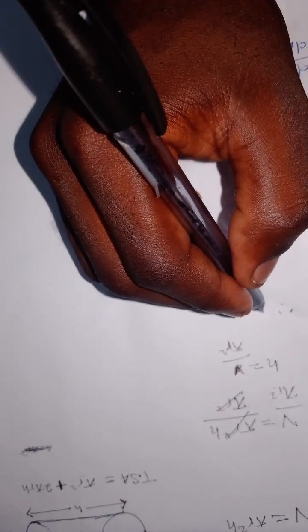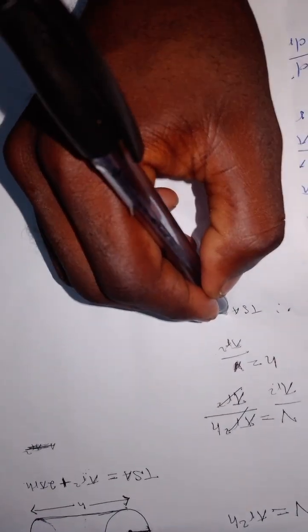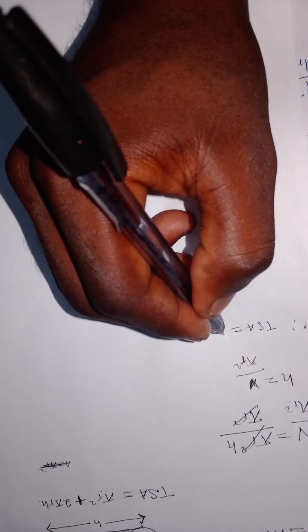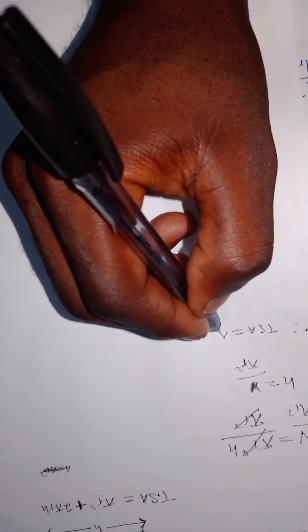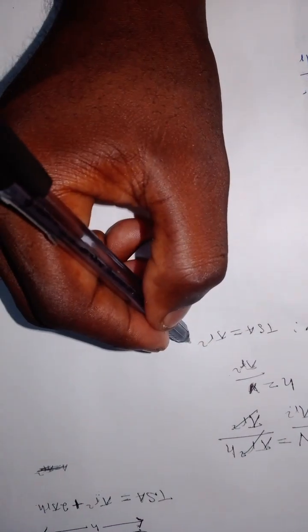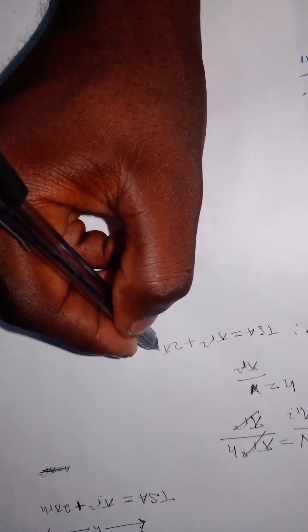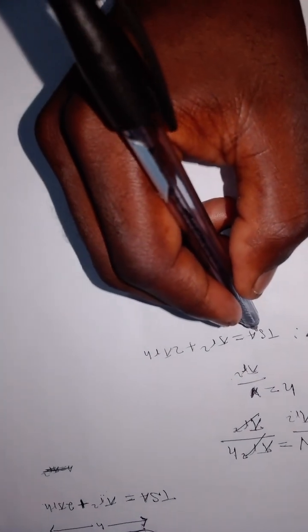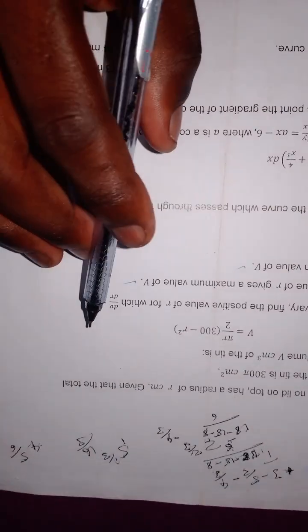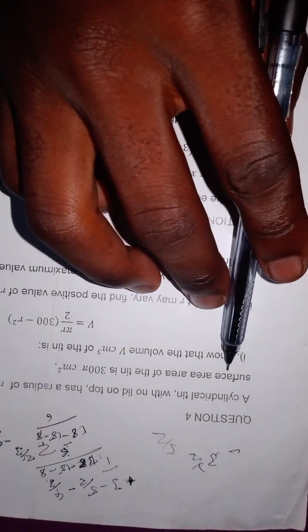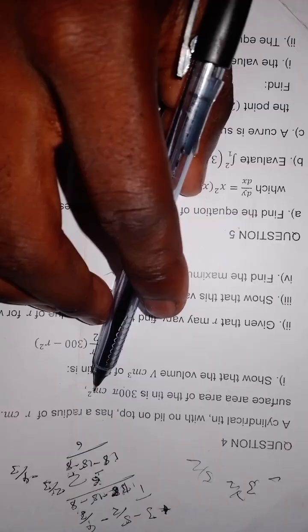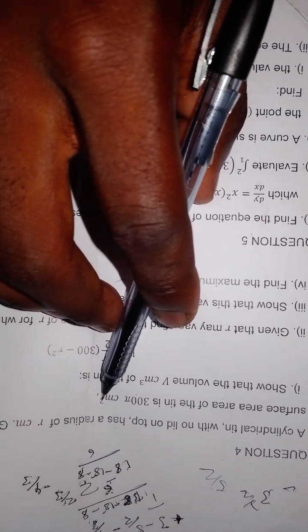the total surface area will be equal to pi r squared plus 2 pi r h. Now the total surface area here is 300 pi centimeters squared.